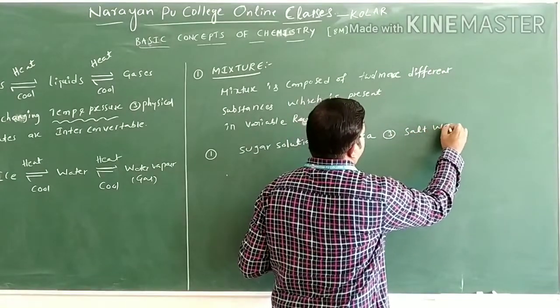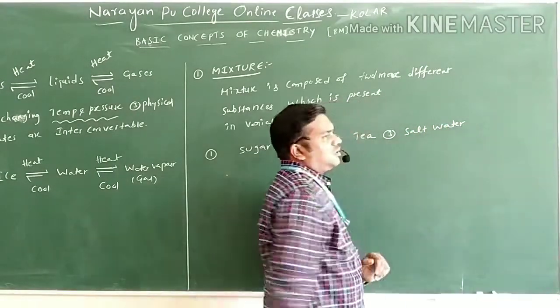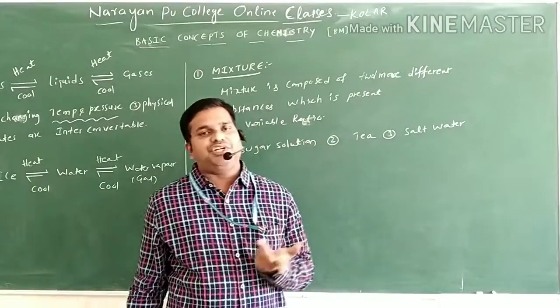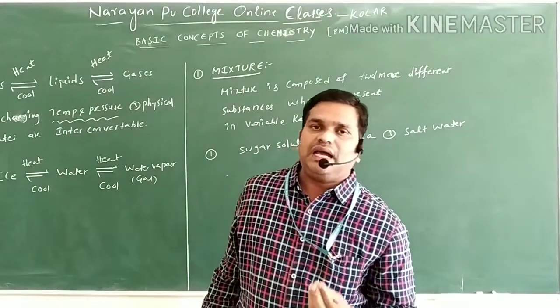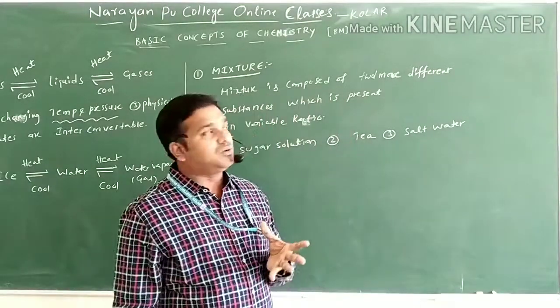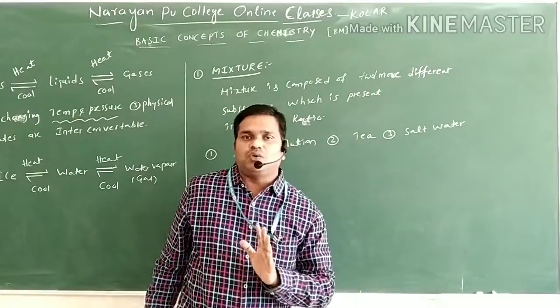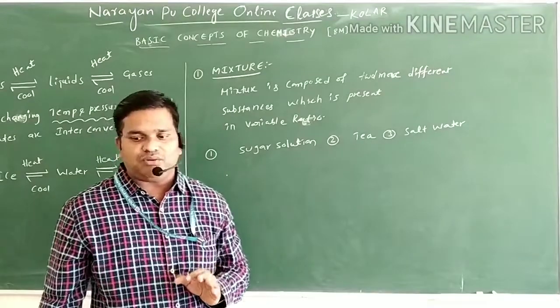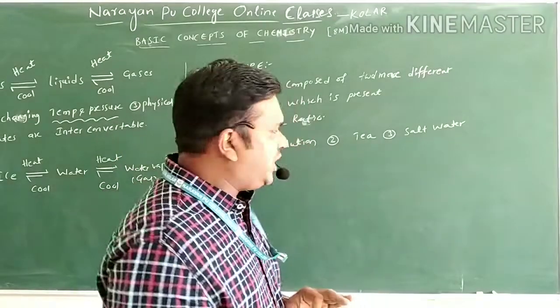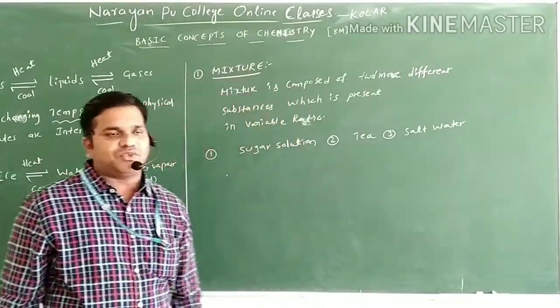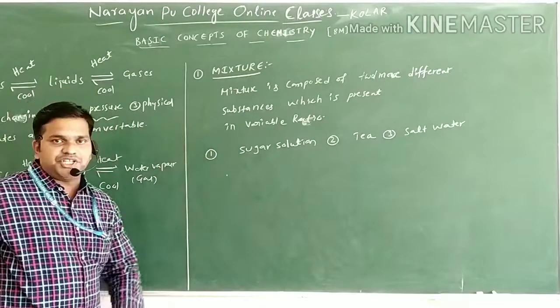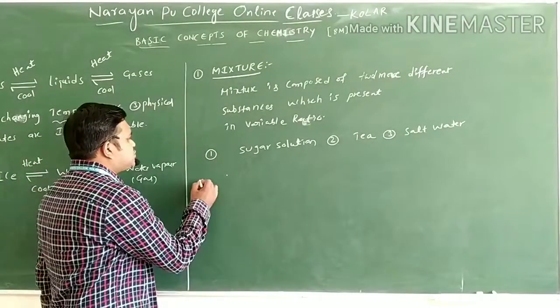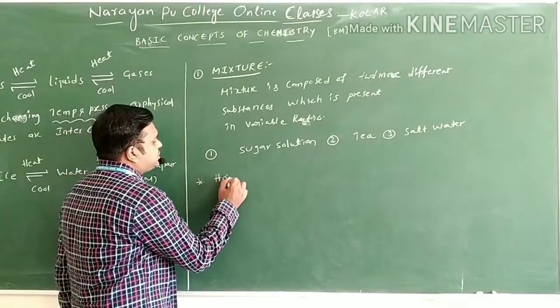Salt water is composed of two different substances, salt and water. If you mix these two, you will get salt water. So this is about mixtures. Clear? Now, mixtures are classified into how many types? Mixtures are classified into two types only. The first one is the homogeneous mixture.